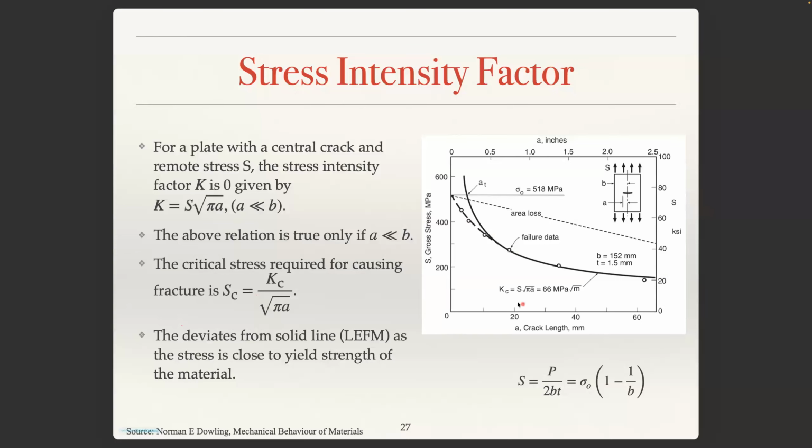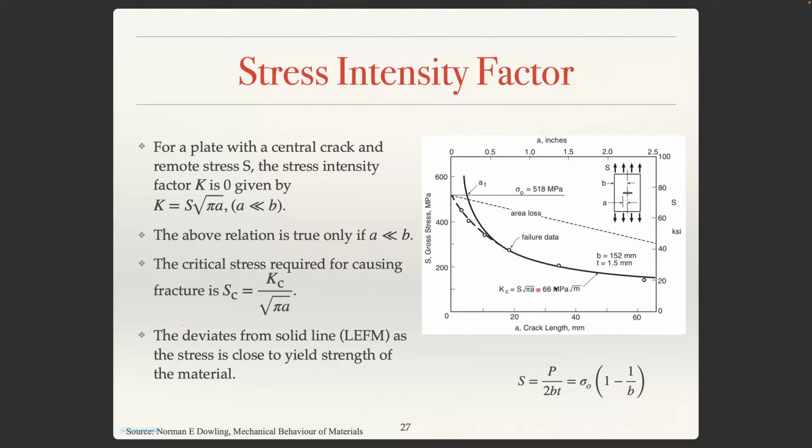You can fit a line for this equation. The Kc, S and a, if you fit a line, from there you can calculate Kc equal to S times root pi a, because this is corresponding to failure. And that is your S, right?